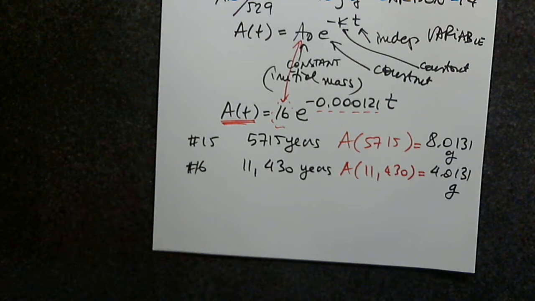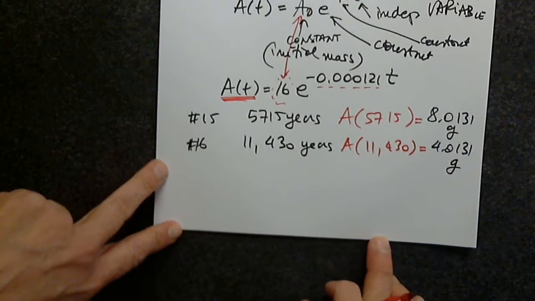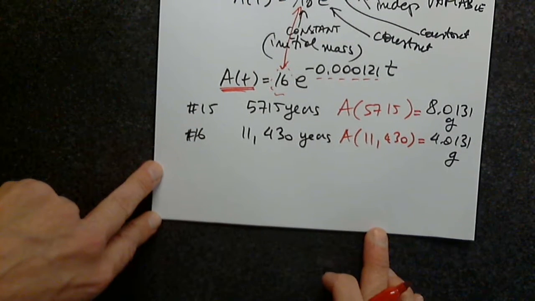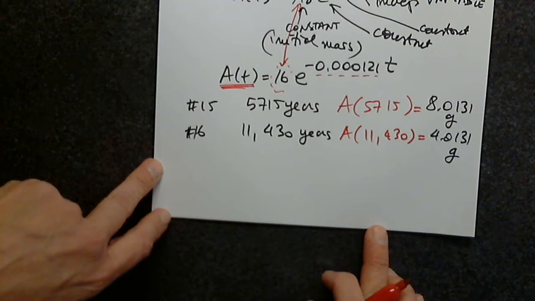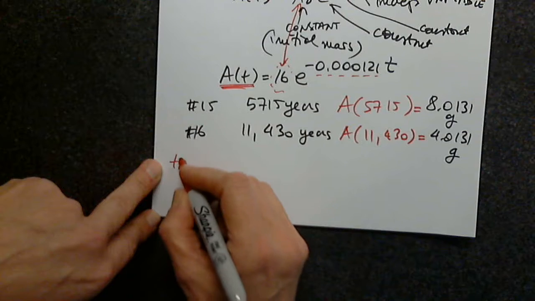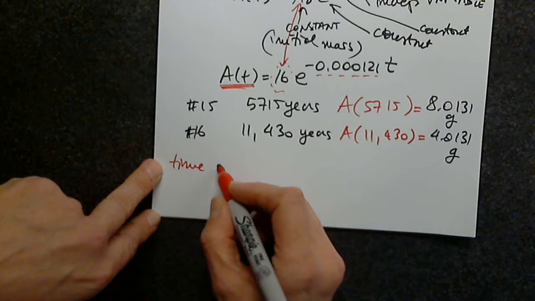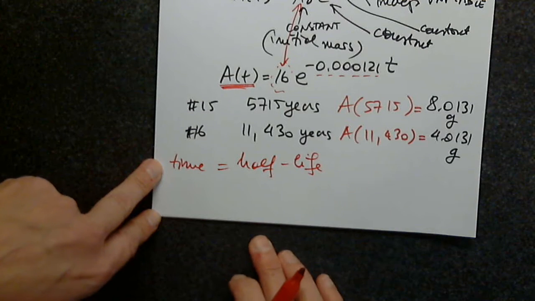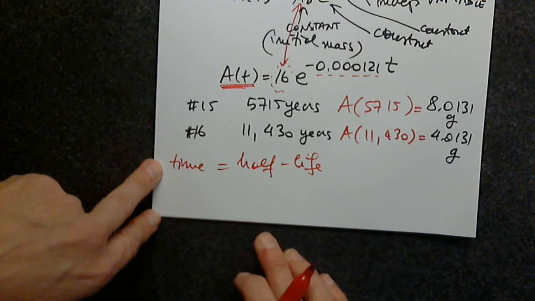Now I want to add a question here for you. When will the initial mass of radioactive substance be half? What do I mean by half? That is called the half-life, the time when the original mass is divided by 2.